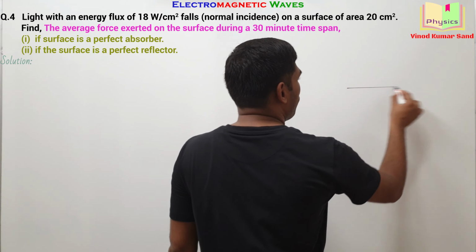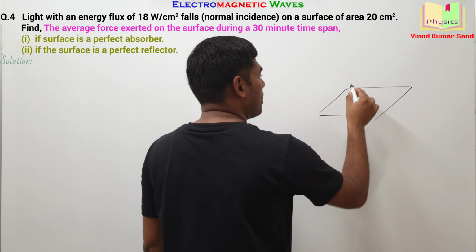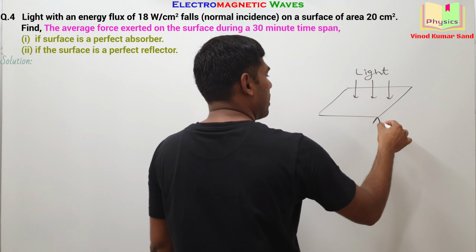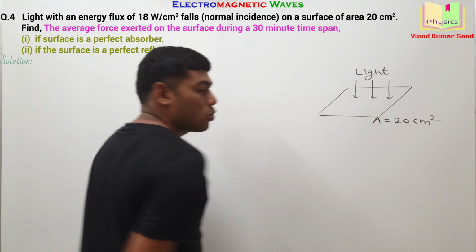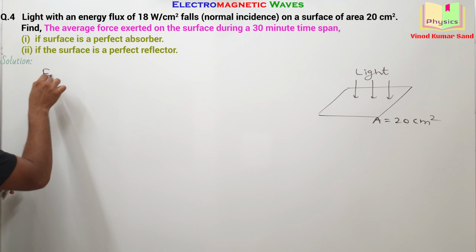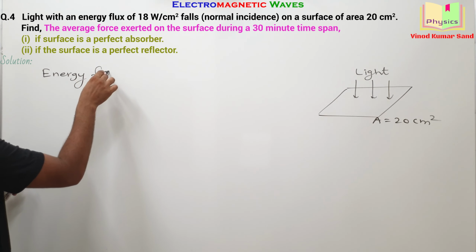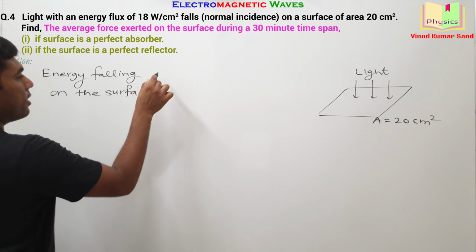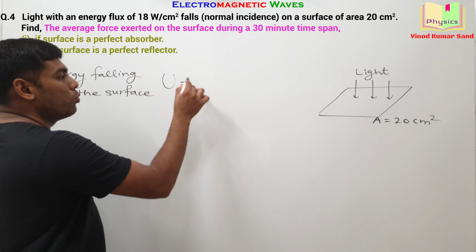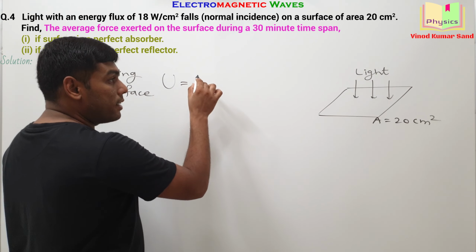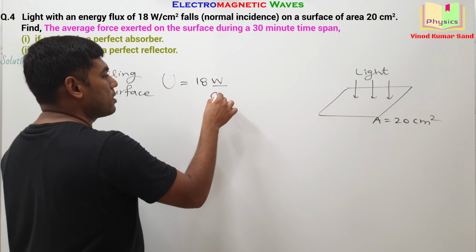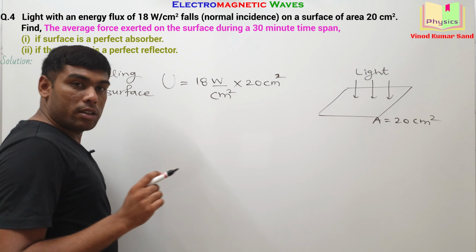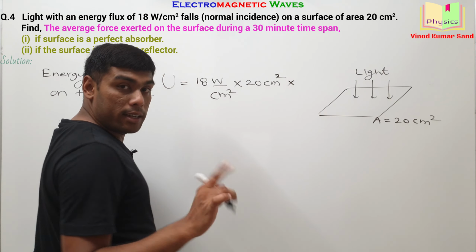First of all, we'll find the energy falling on the surface. Light is being incident on the surface. Area is given as 20 centimeter square. We indicate the energy by U. U will be equal to the intensity, which is 18 watt per centimeter square, into the given area, which is 20 centimeter square, into the time.